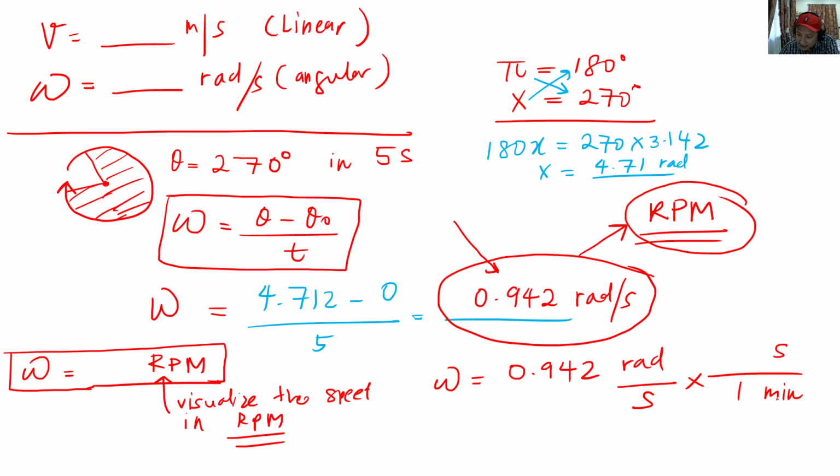So 1 minute is equivalent to 60 seconds. Betul ya? So 60 seconds divided by 1 minute, what do you get? 60 seconds per minute.